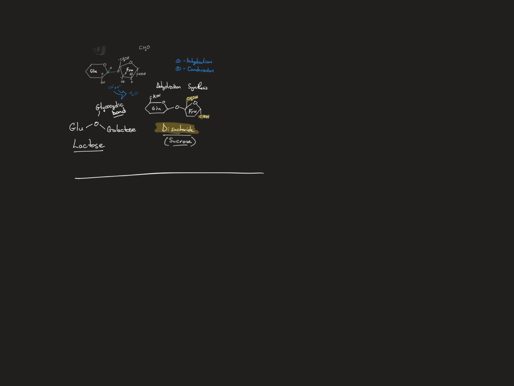And when you have a polymer of sugars, specifically glucose polymers, there are several different ways you can connect these glucose molecules together to form different structures that can be used for different reasons.